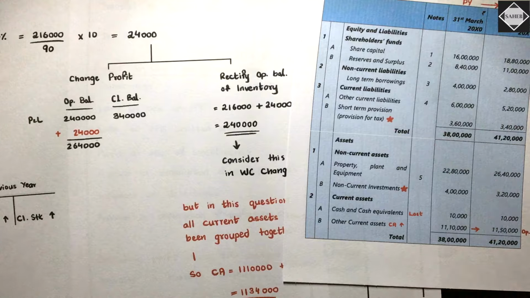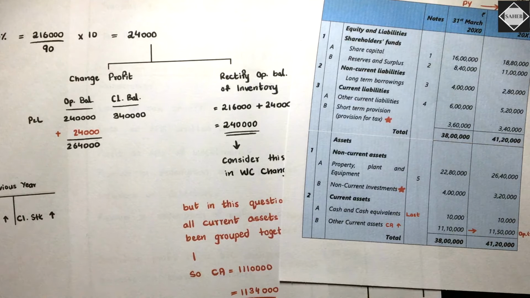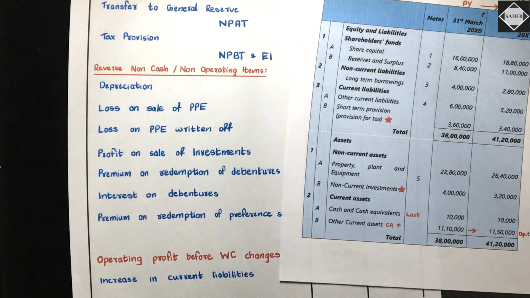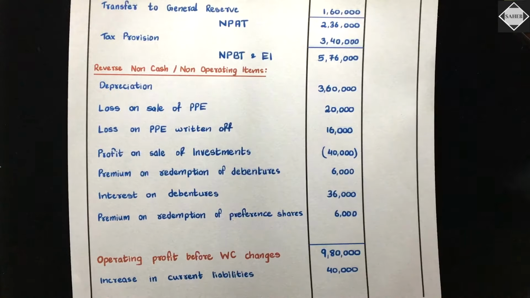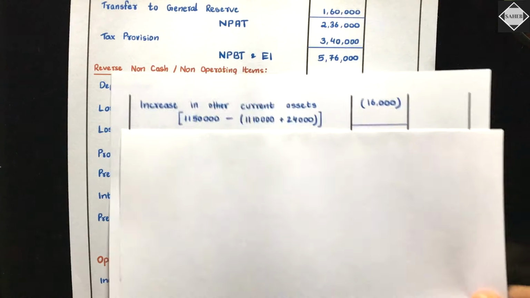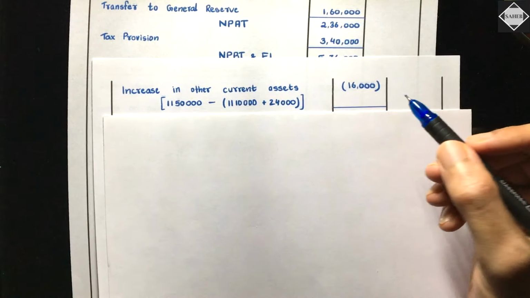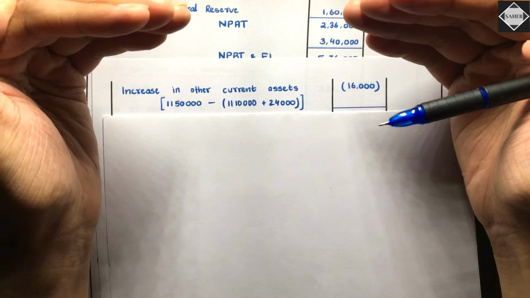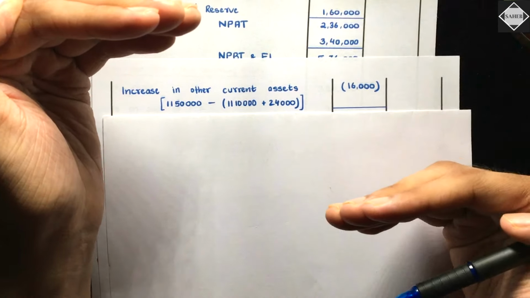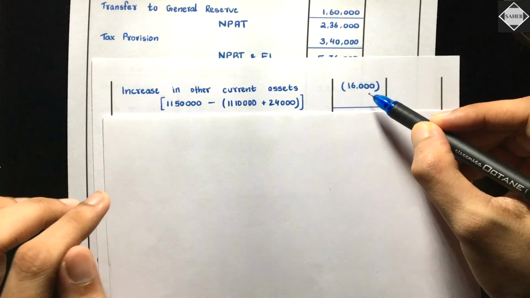Okay. So what we were saying, a 16,000 increase has happened in other current assets. So see here, increase in other current assets, 16,000. If current assets increase, what happens to cash? Negatively related. Cash decreases, right? So see here, minus 16,000.